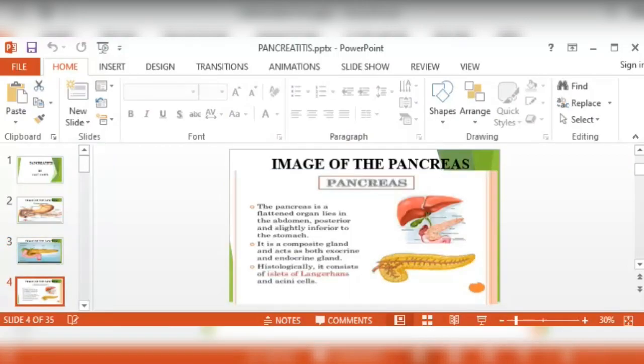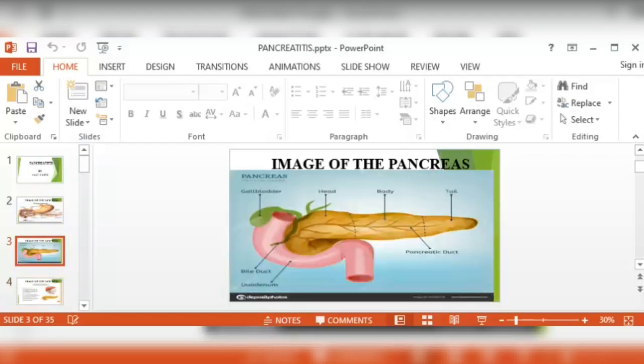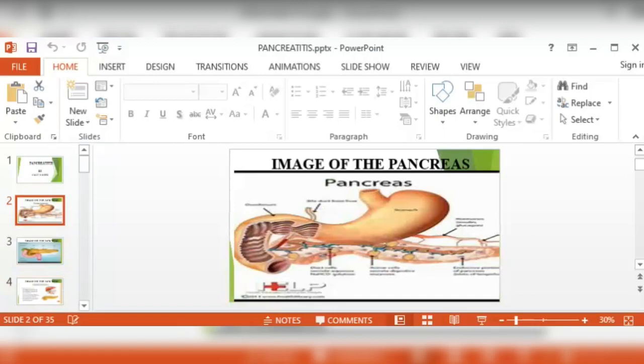We said the pancreas is a flattened organ which lies in the abdomen, posteriorly and slightly inferior to the stomach. If you look at its position, you can see that it lies at the back of the stomach, posterior and slightly inferior to it.